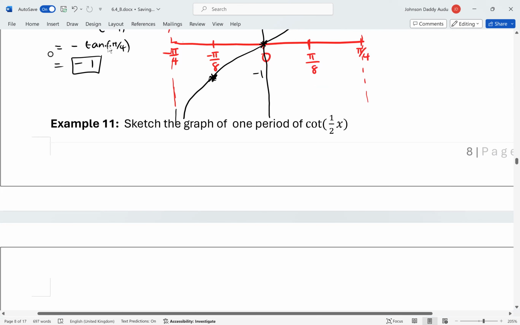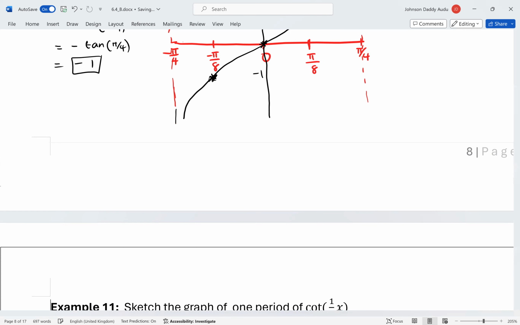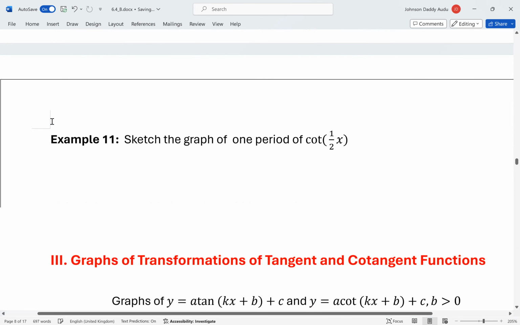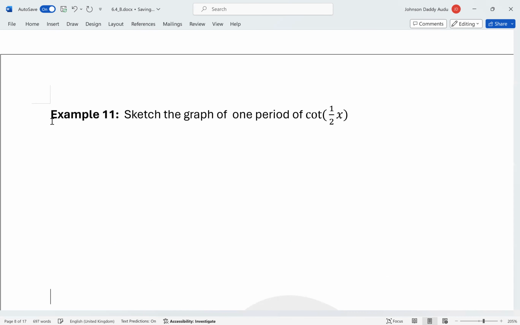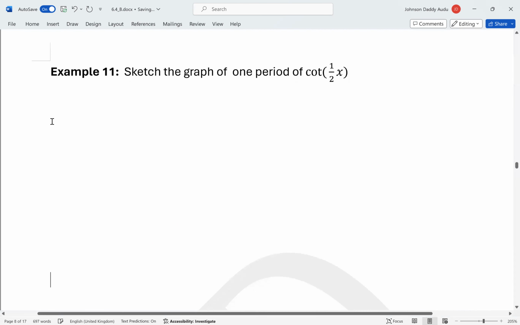Then example 11. Example 11 is dealing with cotan. So here, the same thing. What is our A? Our A is still 1. K is half.